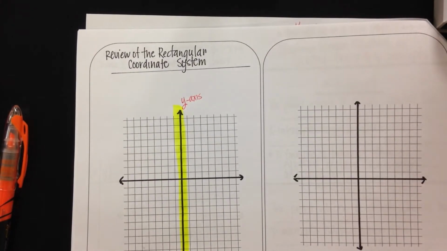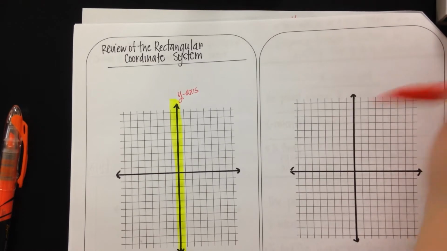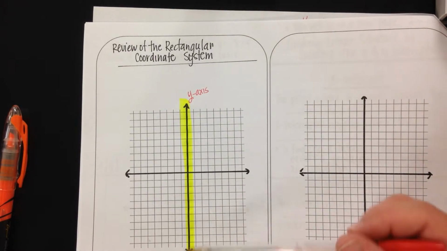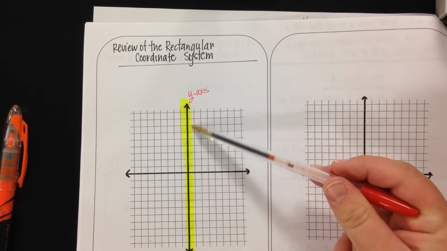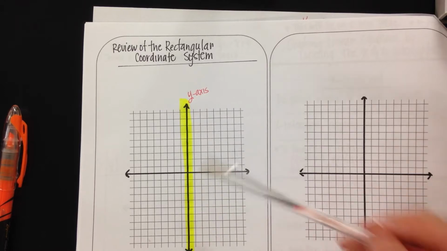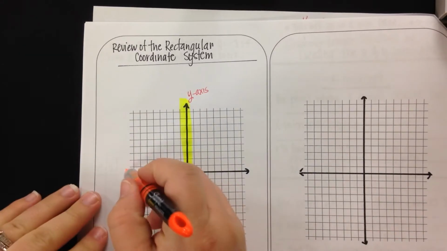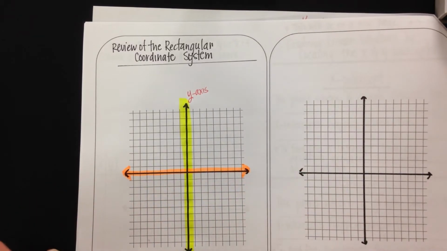It's your y-axis. Okay, it's the vertical line. So as you go up and down this line and count numbers, that's referring to your y value or y values. Your x-axis is obviously the horizontal one. Okay.